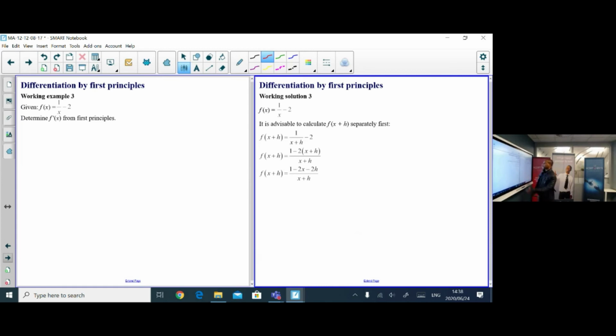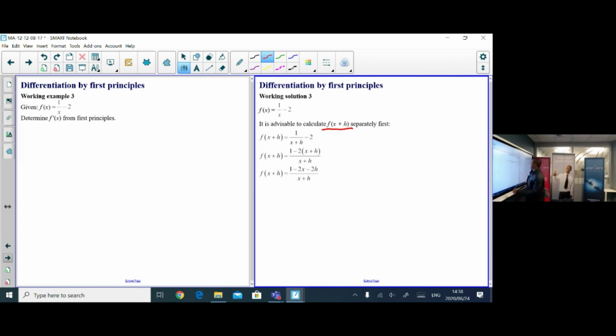So you still have your f of x plus h. It's advisable to do that separately, because if you do it all at once, some learners might make mistakes with the subtraction. So it's better to first simplify this f of x plus h separately, then you marry it together in that formula of the first derivative.